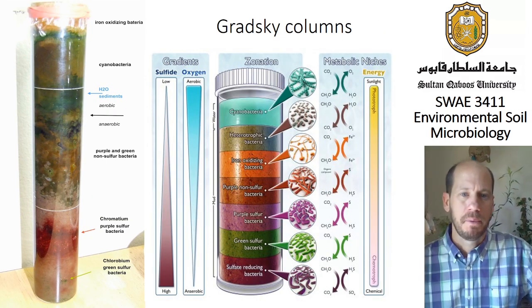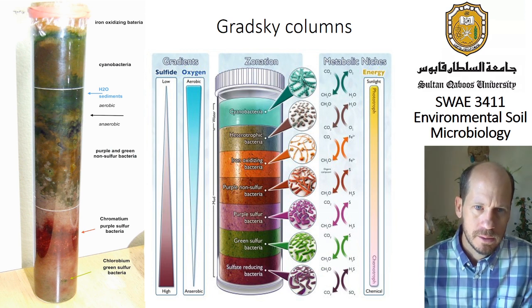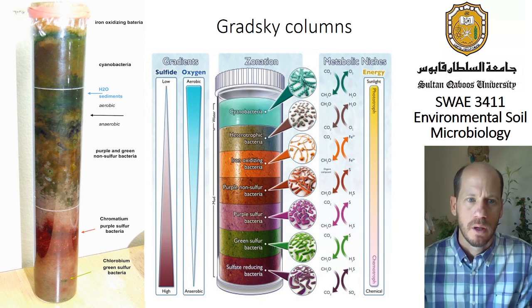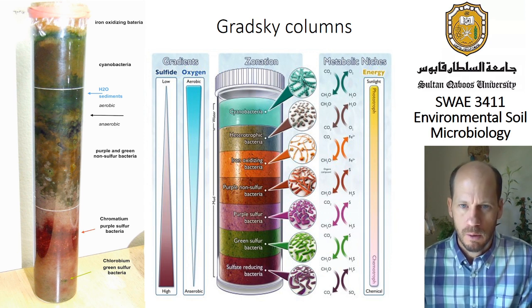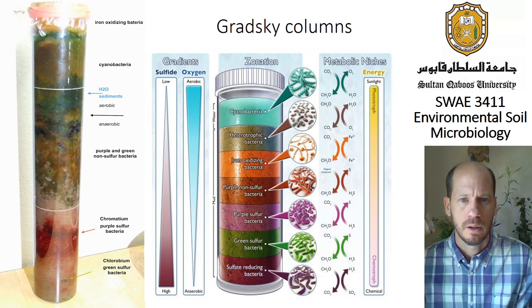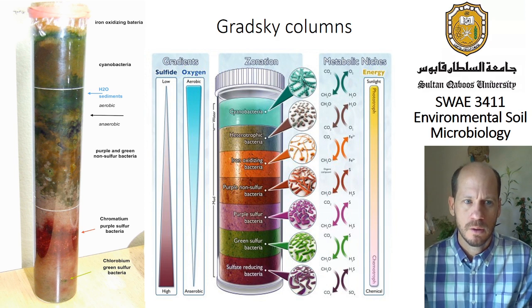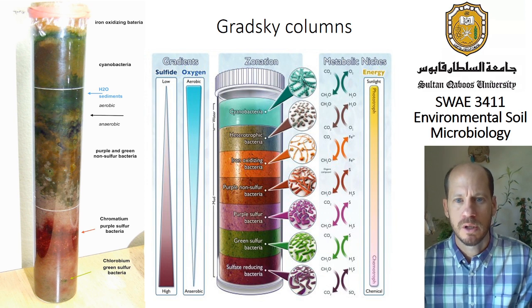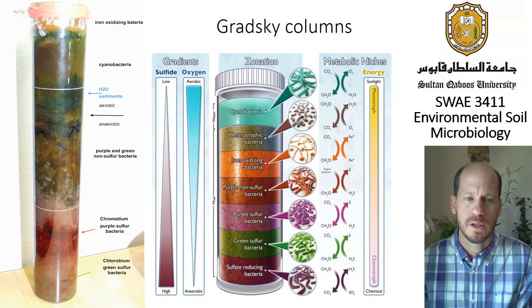So to wrap up the sulfur cycle as regulated by all these different microbes, we can talk about Winogradsky columns. Winogradsky, from Sergei Winogradsky, is the father of soil microbiology, and he started studying the different roles of microbes in soils by creating these very diverse systems where you can have a gradient from aerobic to anaerobic conditions and a presence of different molecules in different strata of these columns.